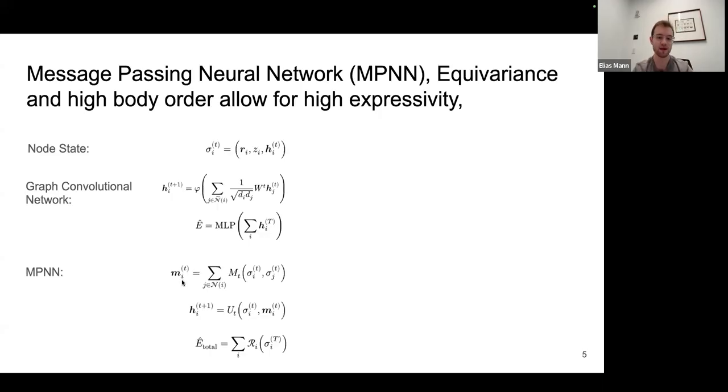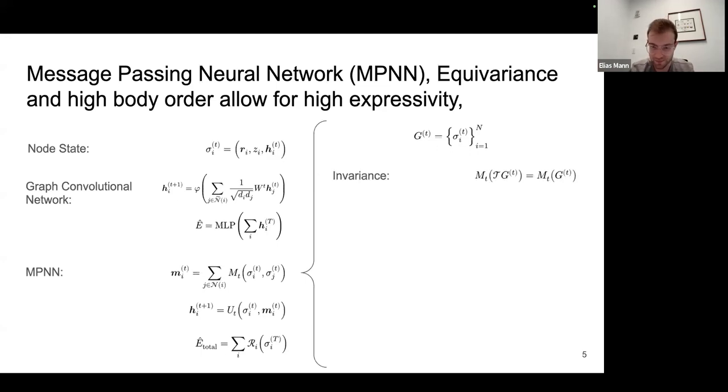And I'll use this message creation step as a way to explain these other two. To explain equivariance, let's say that we have G of T, which is just some set of nodes, some set of atoms and their states. So it's their positions, their atomic numbers, their hidden states. And this is what you pass into your message function.